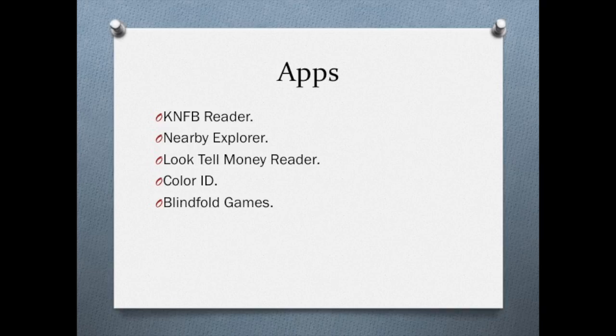One example of a GPS app that is great for the blind is called Nearby Explorer. I got this list off of afb.org. Their website is great for recommendations. They have vetted a lot of these apps and tested them thoroughly, so you know that any information you're getting from there is a good resource, and they're not biased.